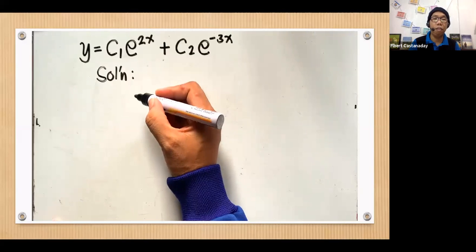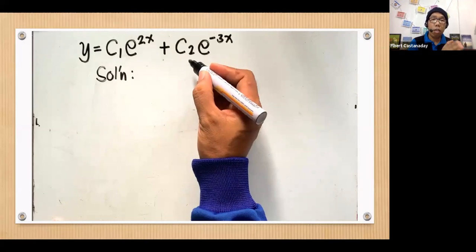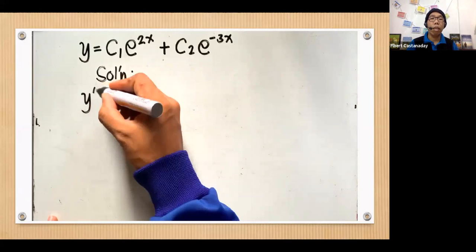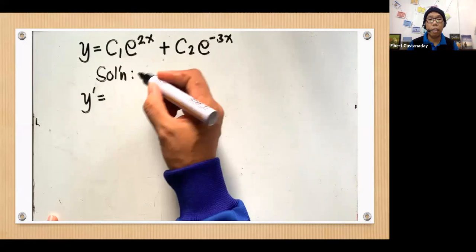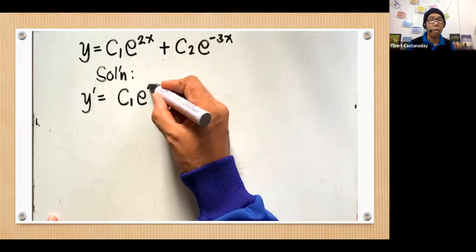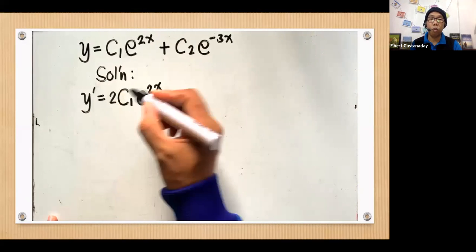Okay, so for the first derivative of the given equation, we have y, derivative ng y is y prime, and then equal yan sa first term natin, c sub 1 is a constant or arbitrary constant, so you copy that, and then differentiate e raised to 2x, so you copy e raised to 2x, and then differentiate 2x, which is times 2.